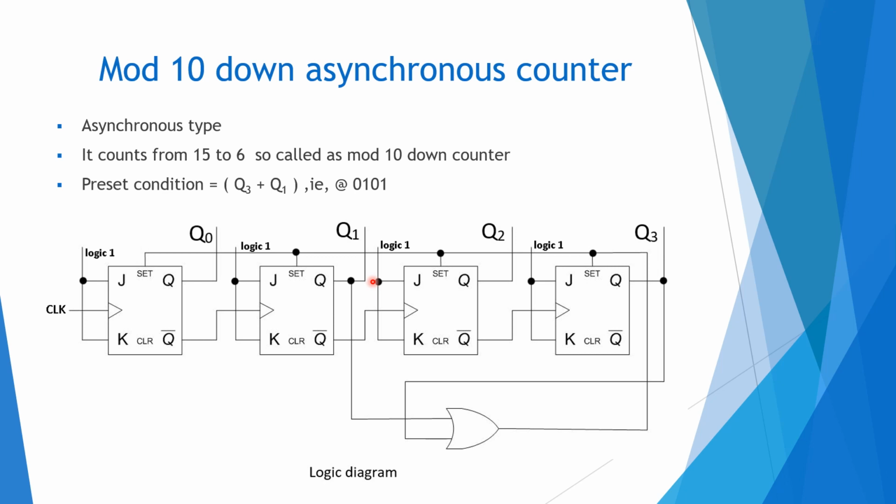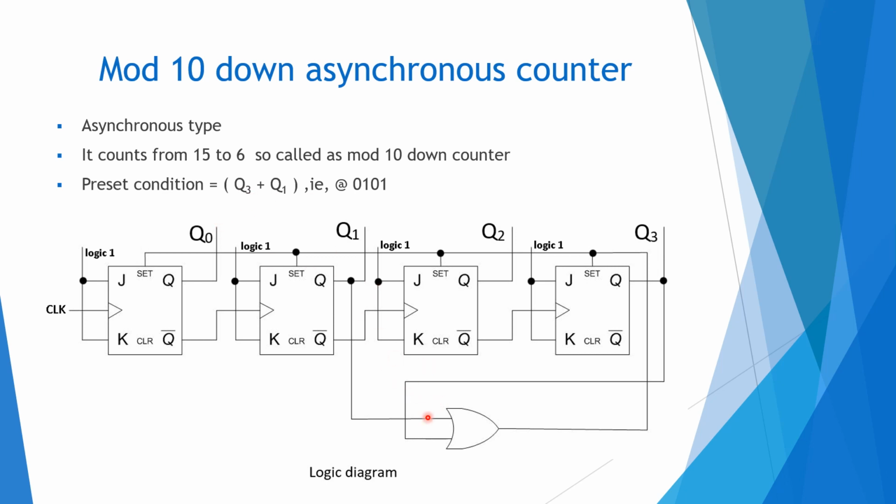When it goes to the preset condition, the value will be 1111. So after 6 it will count to F, that is 15 in decimal value. The preset condition is Q3 plus Q1.